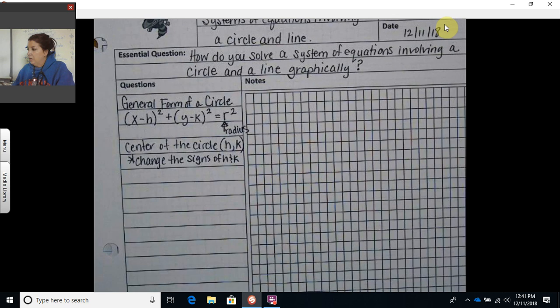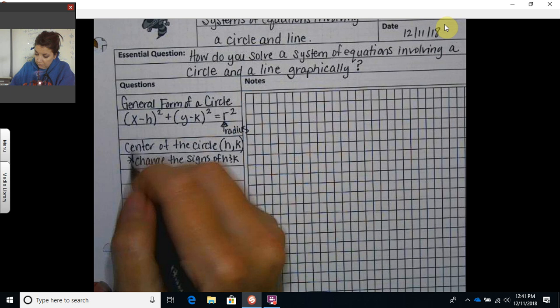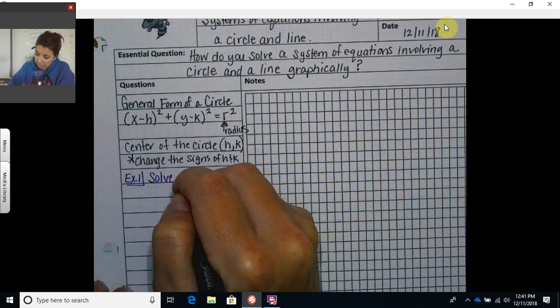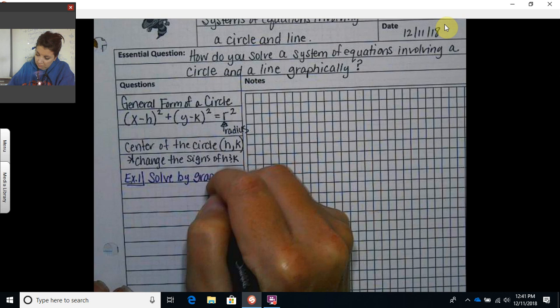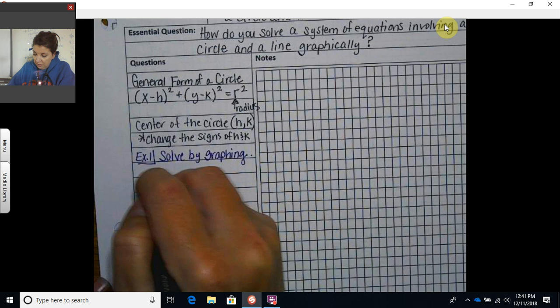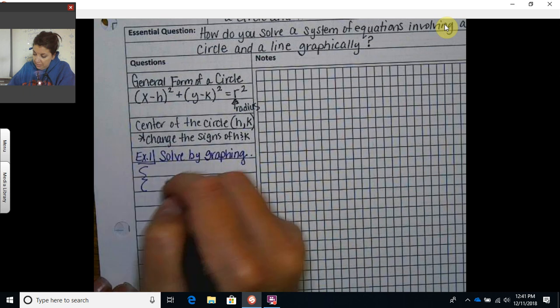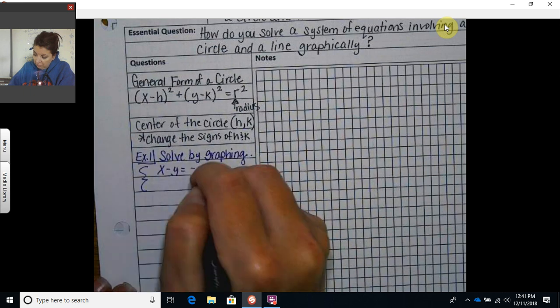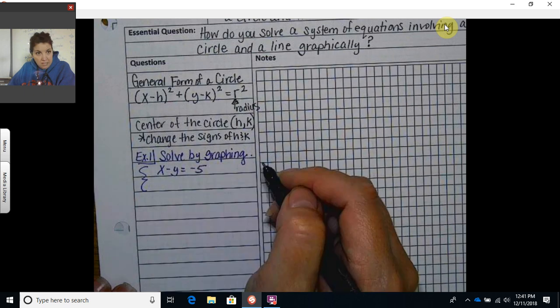So in my first example, we're going to solve by graphing. And our system is x minus y equals negative 5. Is that our linear equation or our circle? That's our linear equation, right?